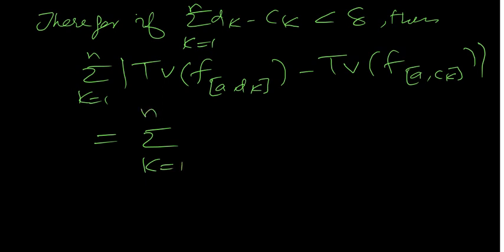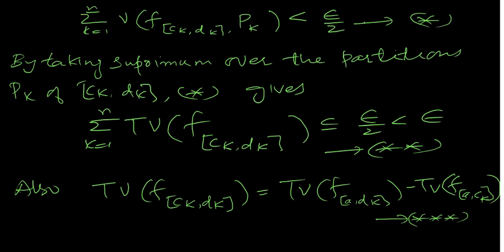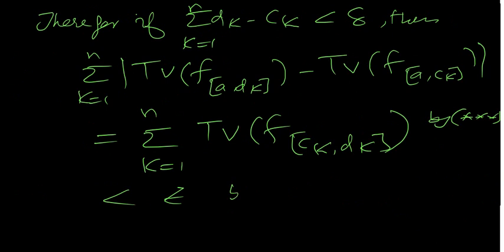You don't need to take the mod. Now we write here the total variation of the function f over the interval (ck, dk). Okay, this is by triple star, you can see, and this one is less than epsilon by double star.